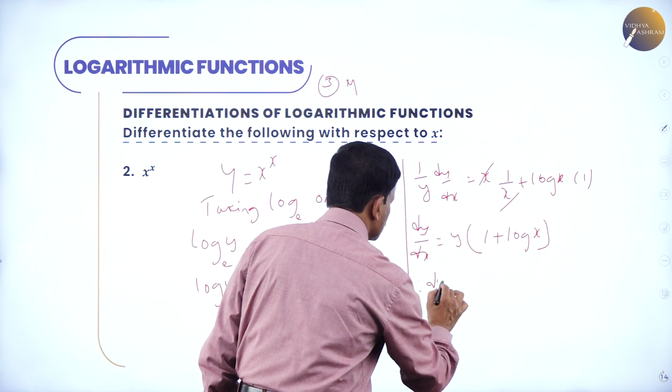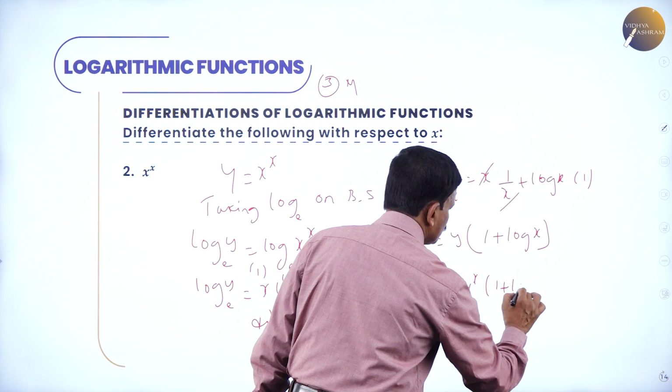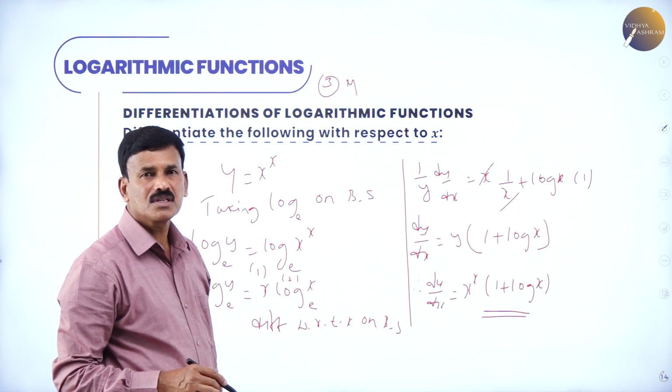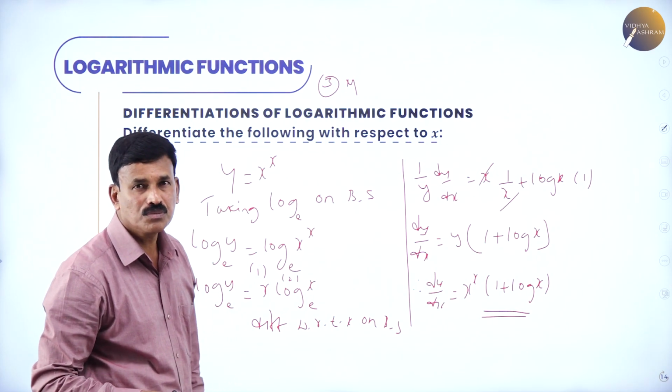So therefore, dy by dx is equal to, what is y? y is x to the power of x into 1 plus log x to base c. So the differentiation of x to the power of x is x power x into 1 plus log x to base c. That's it. Hope you followed.